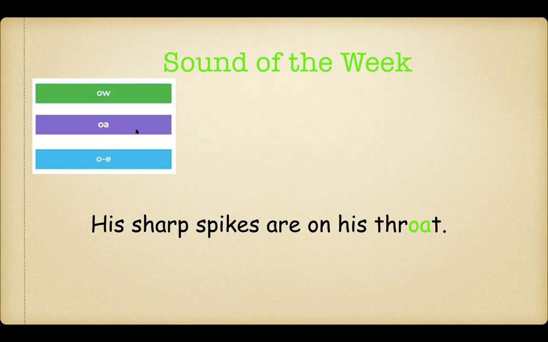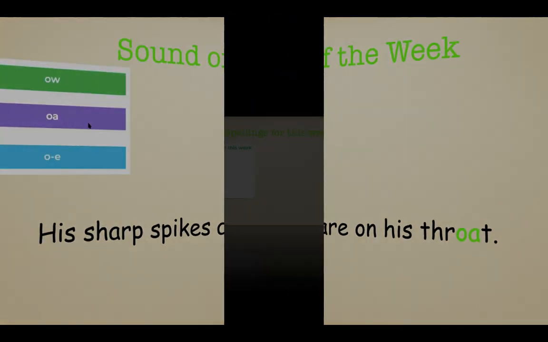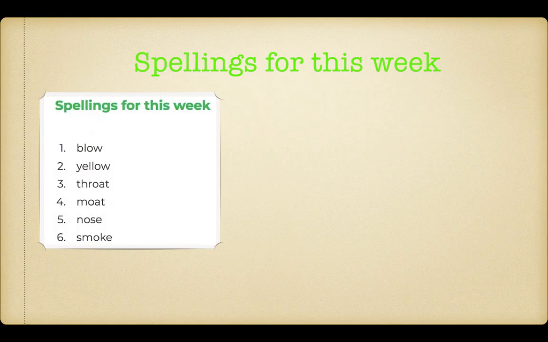So do you remember your OW words? Well, let's have a look. We had blow and yellow. And then we had the OA, O sound but two different letters, throat and moat. And then at the end we had O split digraph E, so we got nose and smoke.